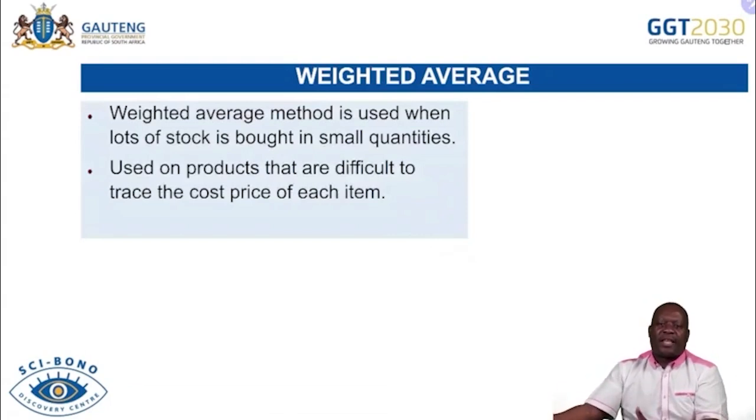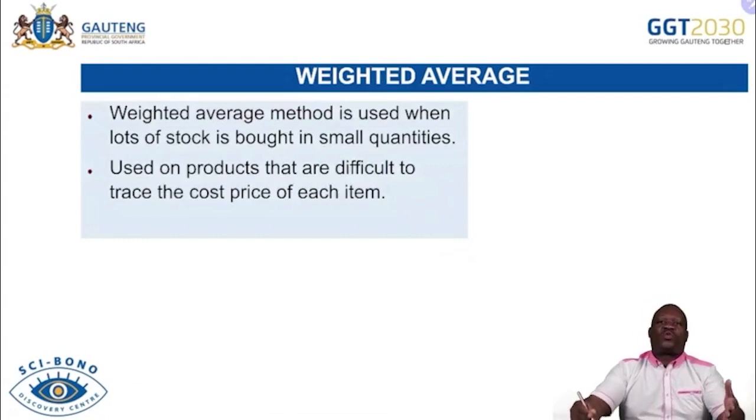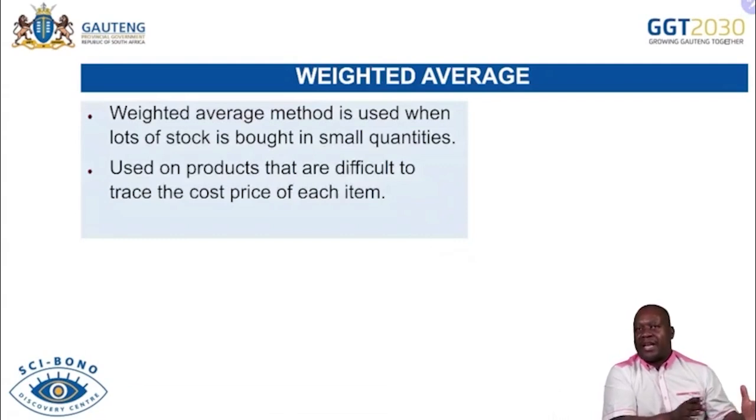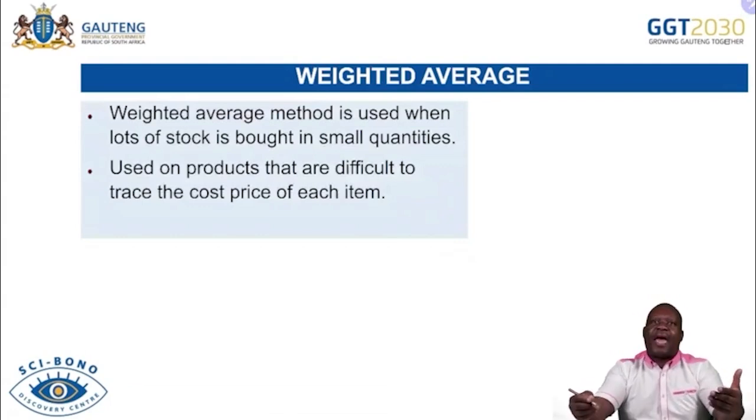The fuel that is coming in is priced differently from the fuel that was brought in last week. Because of that, we can't separate the fuel and say this was the 19 Rand fuel and today we have the 20 Rand fuel. Because of that, we can only find the average price per liter of fuel and use that as our average price.